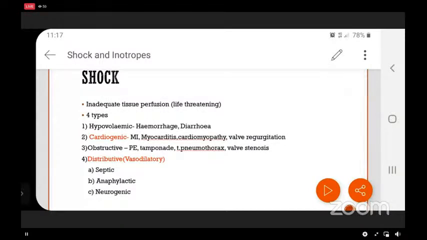It's basically inadequate tissue perfusion, which will be clinically manifested by features related to those particular organs. It can be broadly divided into 4 types. The first type is hypovolemic shock. The second type is cardiogenic shock. The third is obstructive shock, and the last one is distributive or vasodilatory type of shock.